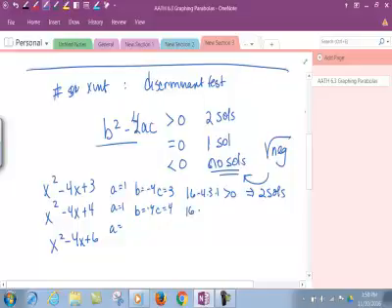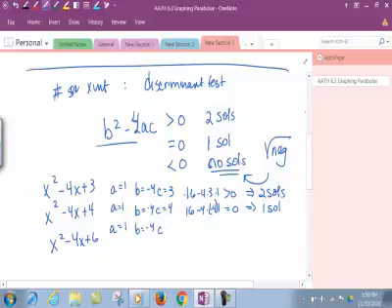So when we do b squared minus 4 times a times c, 4 times 1 times 4, I did that backwards, we get exactly equal to 0, so there is 1 solution. For the last one, a is 1 and b is negative 4, they all have the same b.